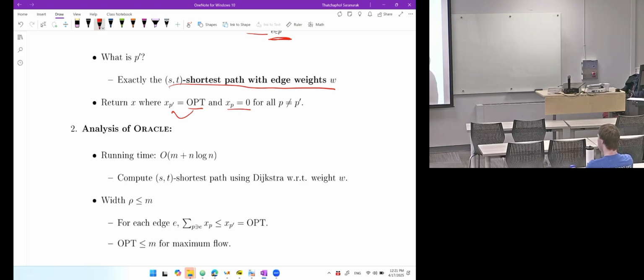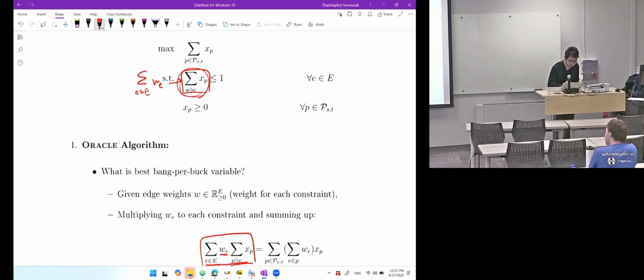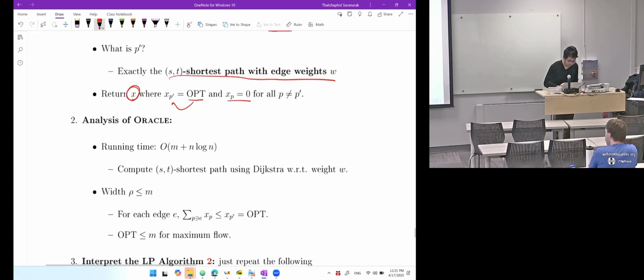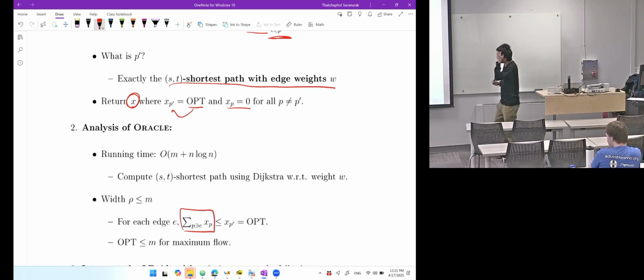Right? And let's look at the width. How bad is this? When you return this x, how badly does it violate each constraint? So we just need to look at each constraint, and how much more than 1 this can be.